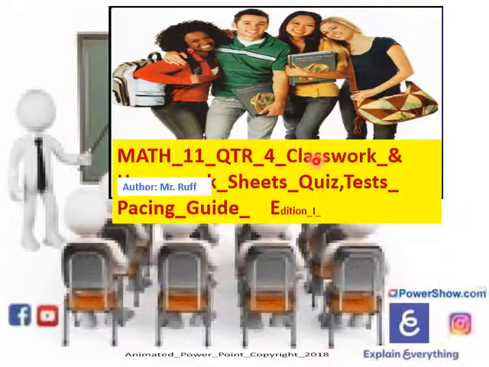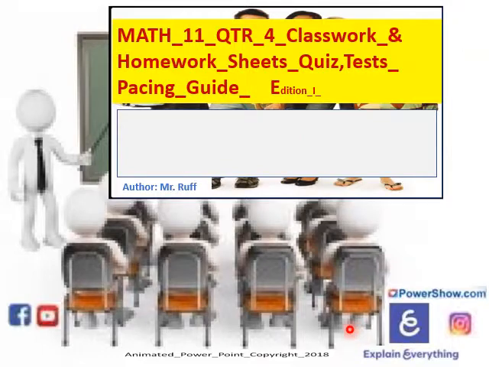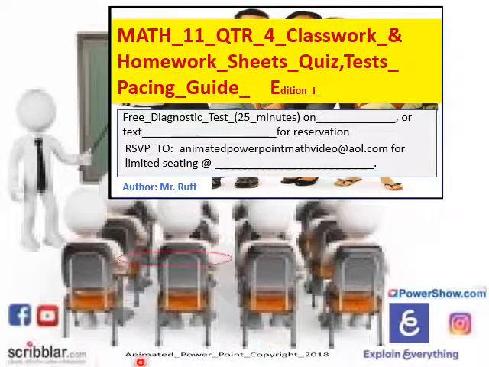And 11th grade math, otherwise known as Math 11, fourth quarter, which is what you need right now because of coronavirus, includes classwork and homework sheets, which you can order online for booklet, quiz, and test, which is issued by Explain Everything, and also by Scribbler. And you have quizzes and tests and a pacing guide here, which we'll go over now.